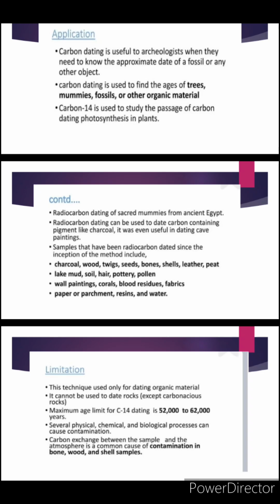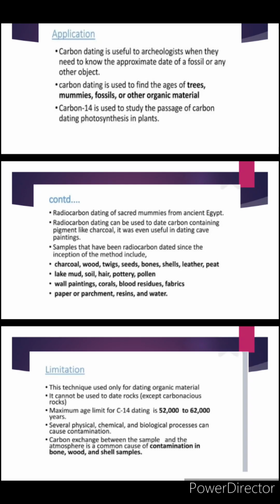There are some drawbacks or limitations in this method. These techniques are used only for dating organic material. It cannot be used to date rock, except carbonaceous rocks. In carbonaceous rocks this dating method works, but in other rocks it does not work.